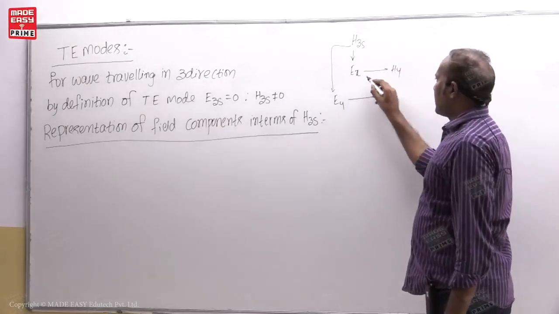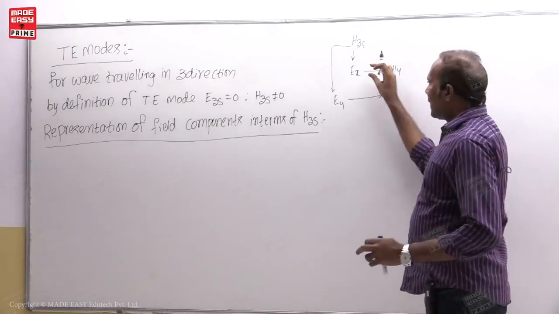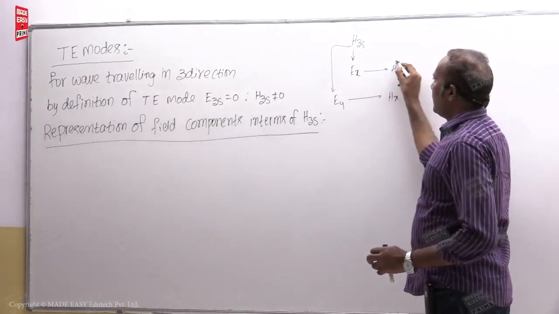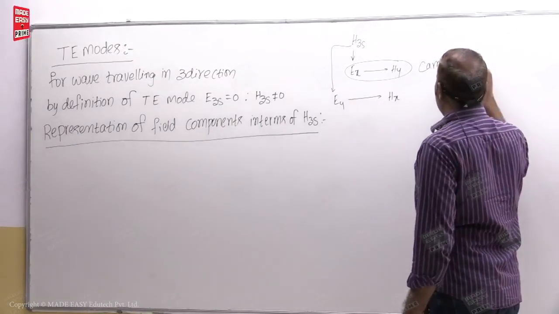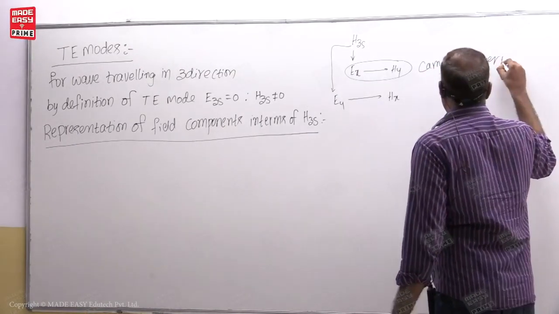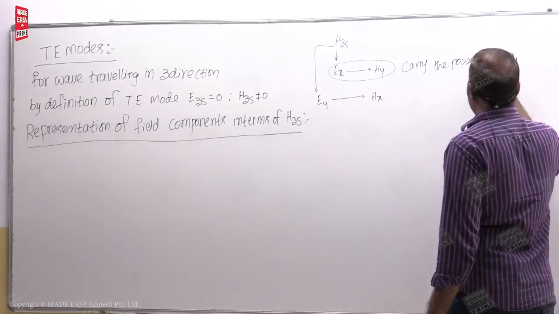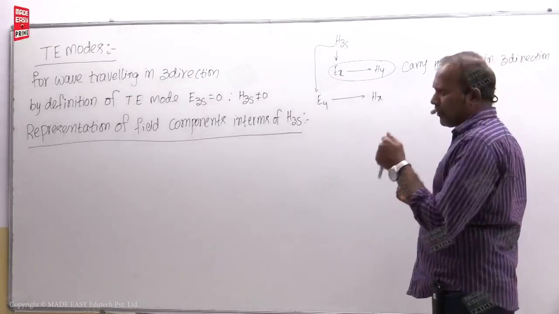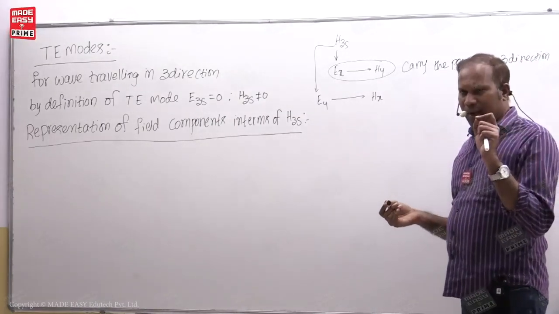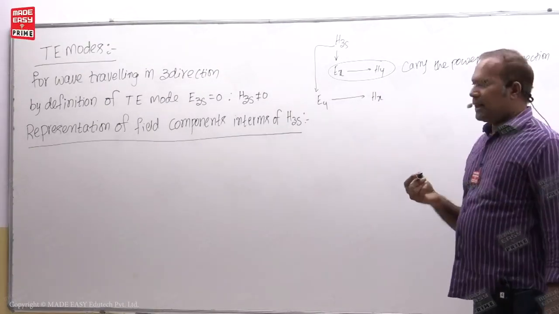Then Ex and Hy are one pair. They together carry the power in the Z direction, like a uniform plane wave only. If you want to carry the power in the z direction, then the Poynting vector direction should be the z direction.